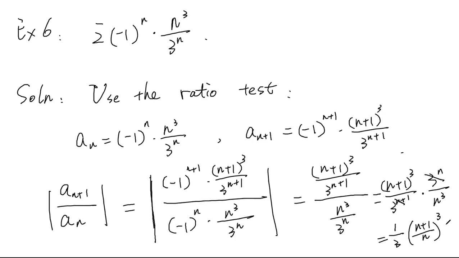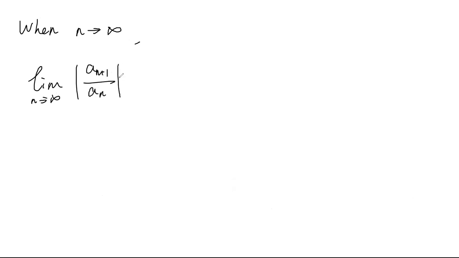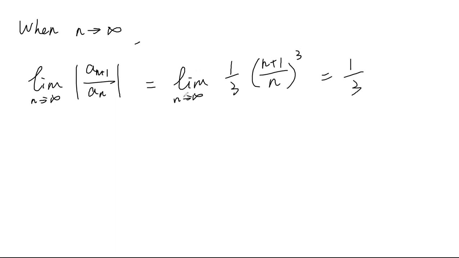We want to take the limit of this ratio. So when n goes to infinity, the limit of the ratio between a_(n plus 1) and a_n is equal to the limit as n approaches infinity of 1/3 times ((n plus 1) divided by n) cubed. And this is equal to 1/3, because when n goes to infinity, the second term goes to 1.